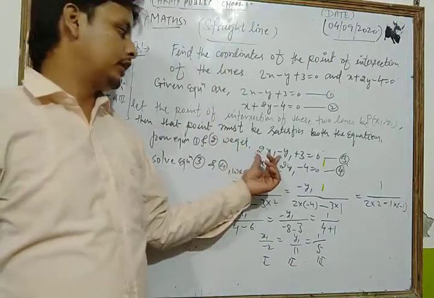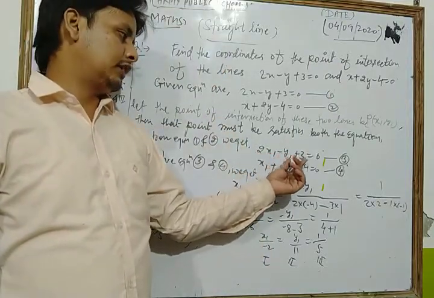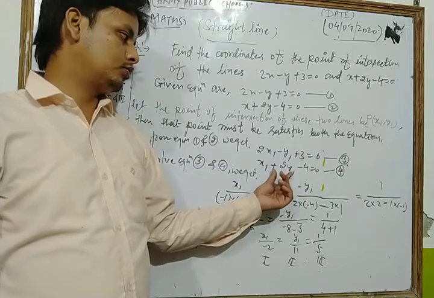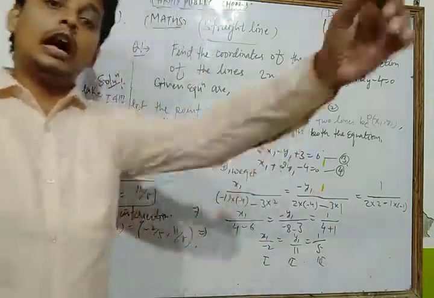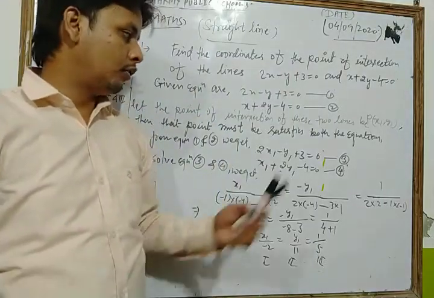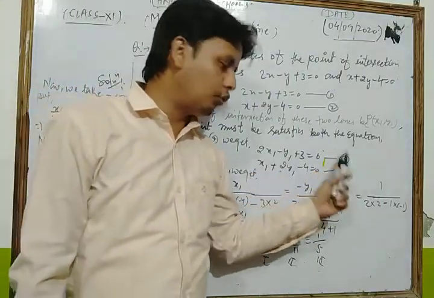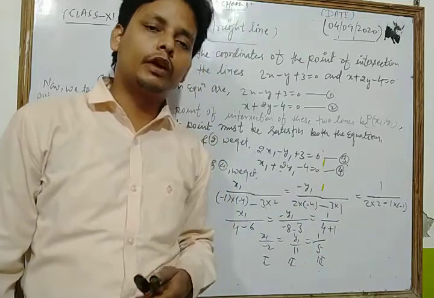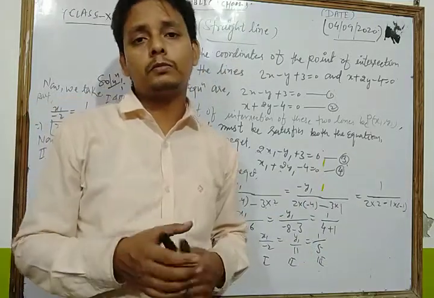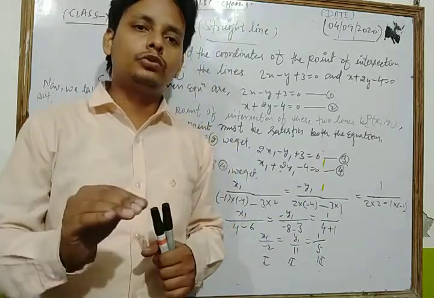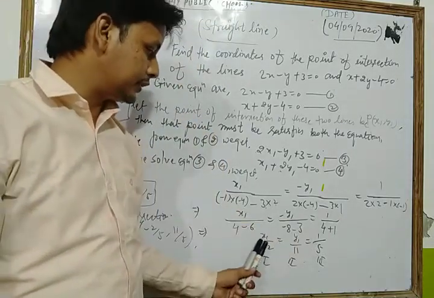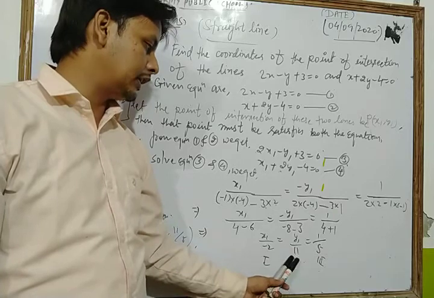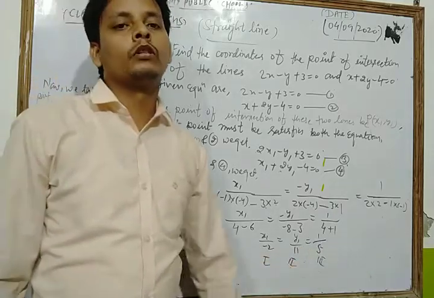So we get 2x1 minus y1 plus 3 is equal to 0 and x1 plus 2y1 minus 4 is equal to 0. After that, we solve equations 3 and 4 by the method of cross multiplication, which we know very well. After solving, we get the relation x1 upon minus 2, y1 upon 11 is equal to 1 upon 5.